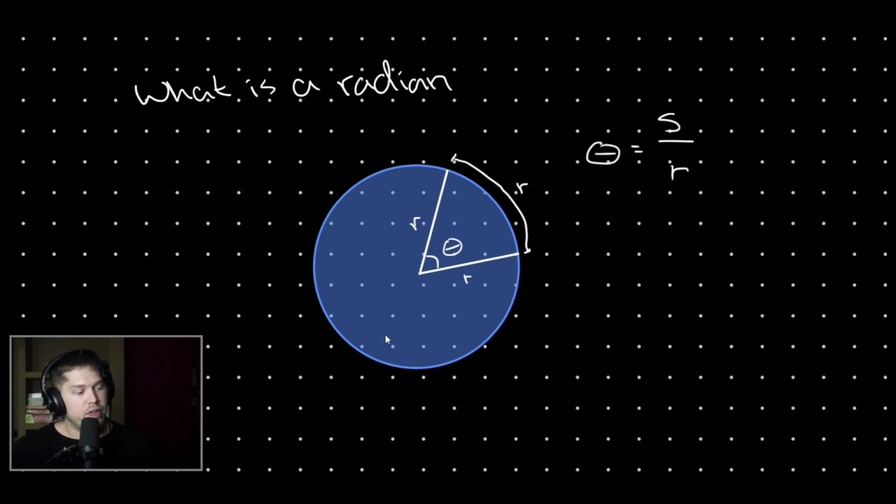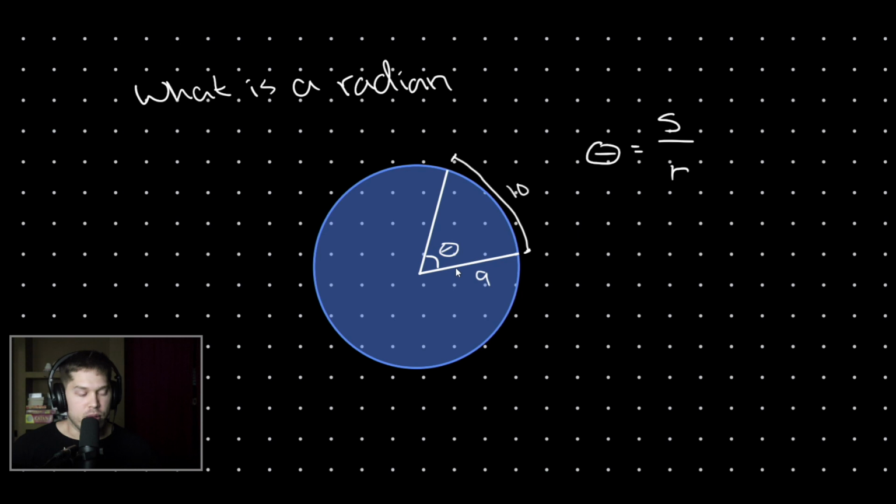So let's just make an example. Let's clear this out. Let's say our arc length is equal to 10 and our radius is equal to 9.